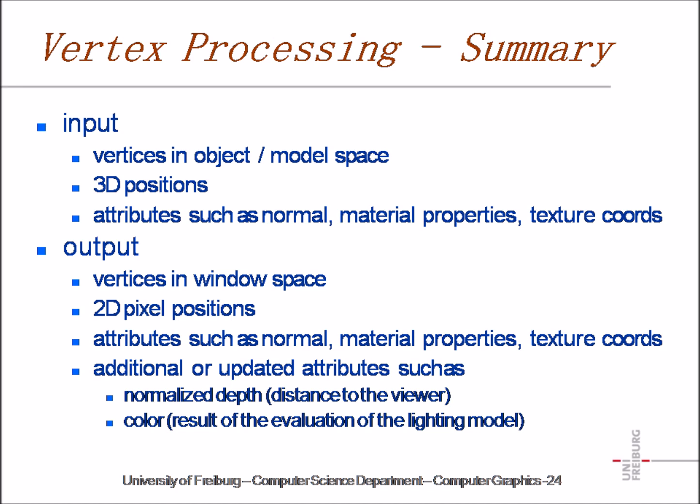Number one, vertices in window space. Number two, 2D pixel position. Number three, attributes such as normal, material properties, texture codes. Number four, additional or updated attributes such as normalized depth, distance to the viewer, color, result of the evaluation of the lighting model. Student, this clarifies for you what inputs are required for vertex processing and what we achieve after processing all those inputs.